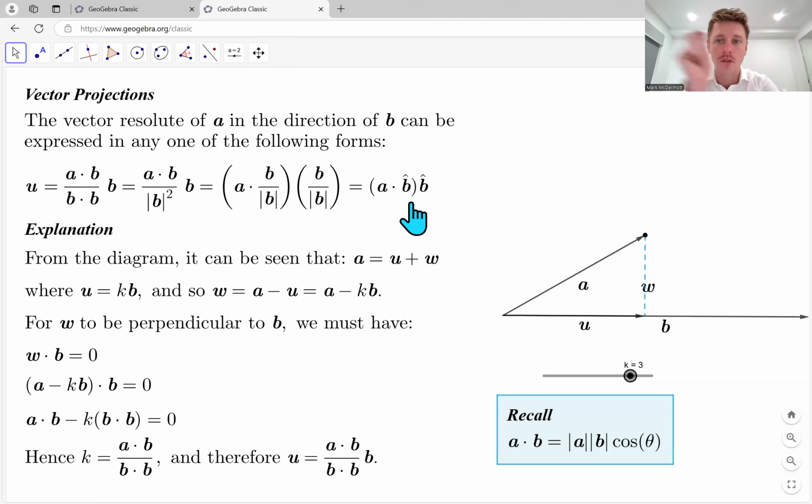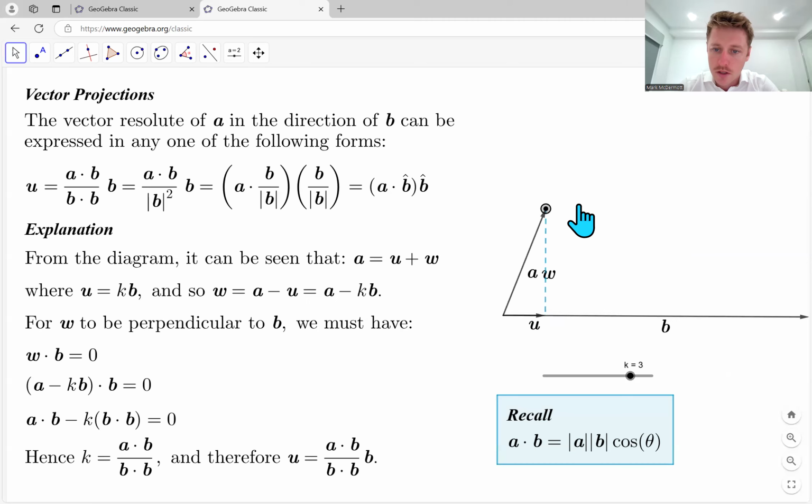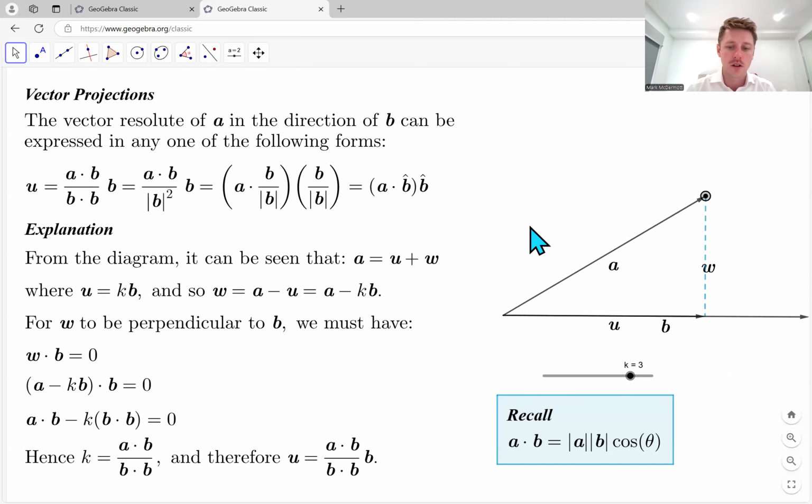It can be positive or negative, and it tells us how much we're scaling up the vector in the direction of B. This first part here is the scalar resolute, because it tells you by how much you're scaling up that U vector. How much do we scale it up in the direction of B? And it can also be negative, so it's the signed length. That's a pretty challenging idea, I think, but hopefully that made some sense.